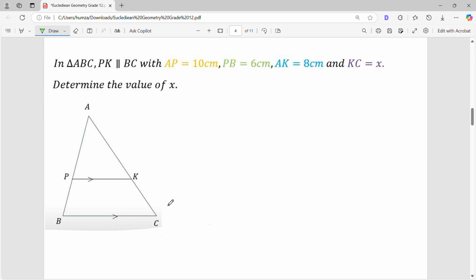Whatever given values we have, we must put in the triangle. So first AP is 10 centimeters, then PB is 6 centimeters, AK is 8 centimeters, and lastly KC is X.